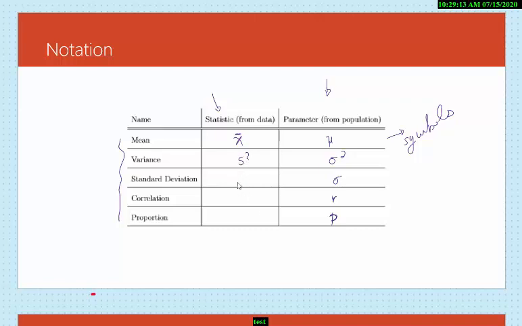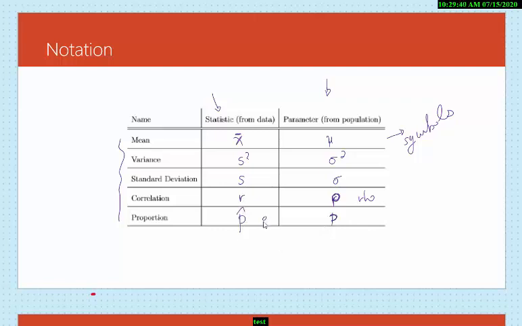Standard deviation is S. Correlation, I'm sorry, I mixed up this. The correlation for the parameter for the population is rho, the Greek letter rho, while the correlation for statistics for a sample is R, and the proportion, as I said, is P, while for the statistics is P hat.